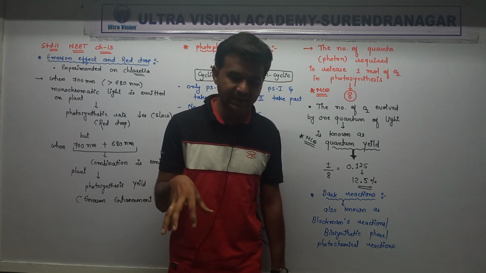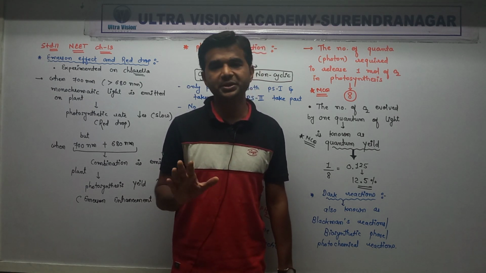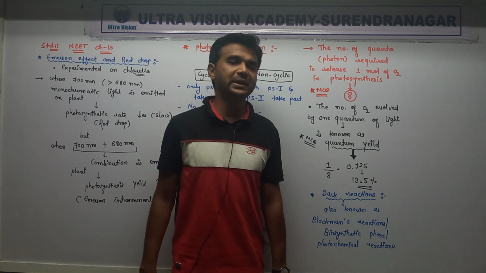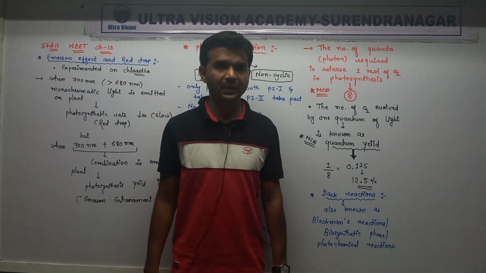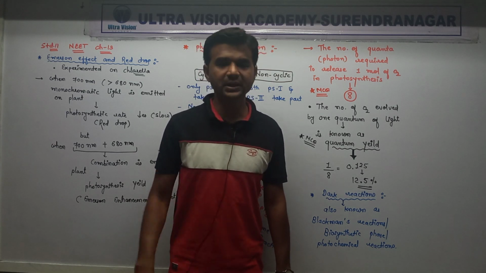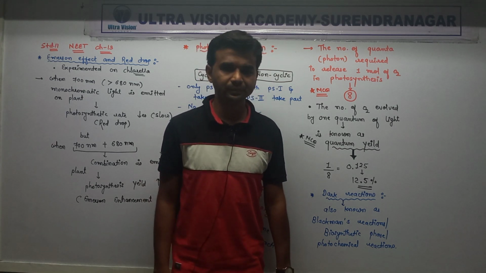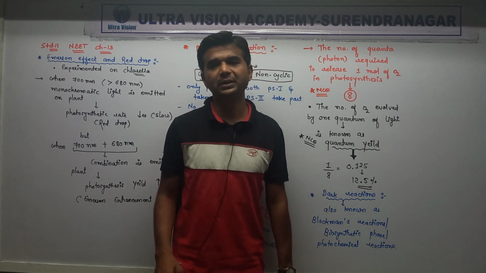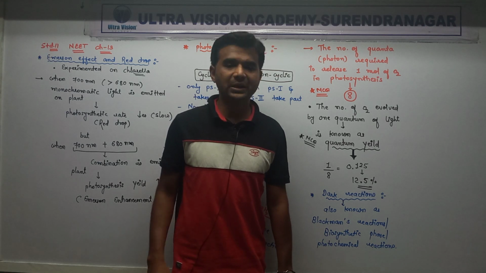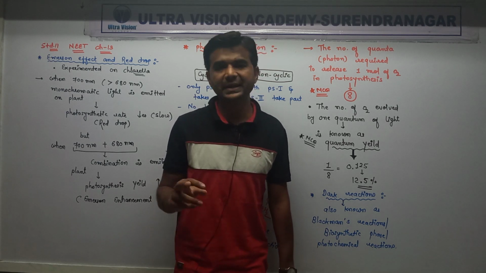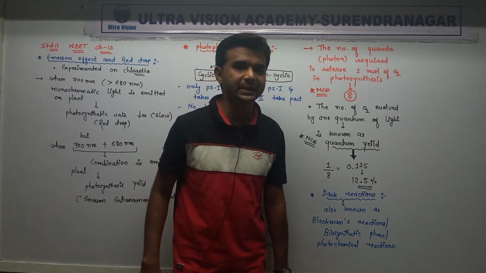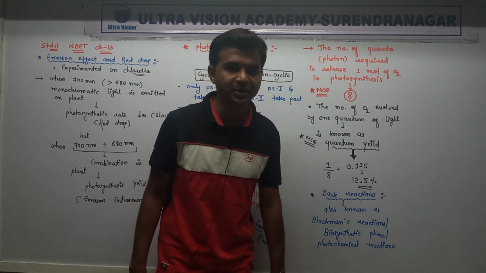Light is not directly essential in the dark reaction, but indirectly it is essential for the light reactions. Dark reactions cannot occur in the dark; they occur during daytime only. Indirectly light is required, because the products of the light reactions are essential.